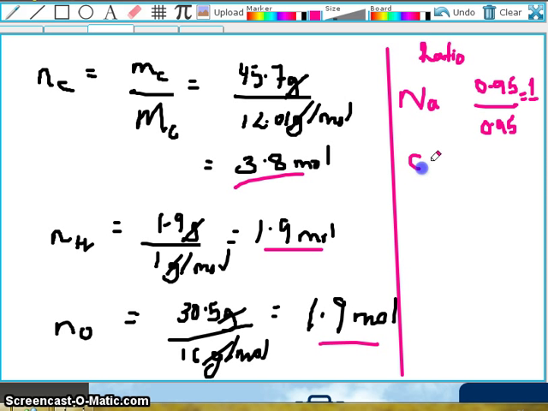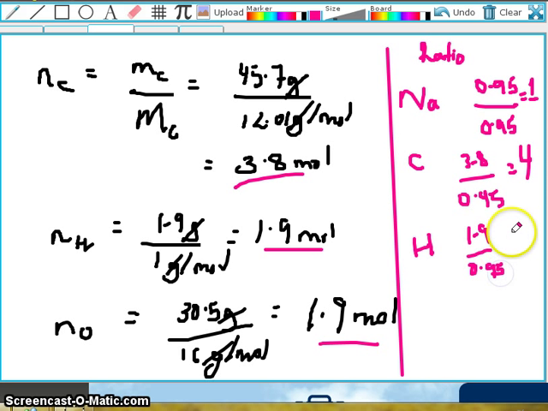For carbon, it would be 3.8 divided by 0.95, which would give you roughly 4. And for hydrogen, it'd be 1.9 divided by 0.95, which is roughly 2. And same for oxygen, 1.9 divided by 0.95.